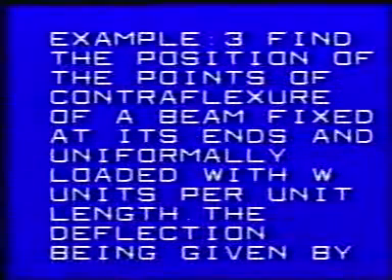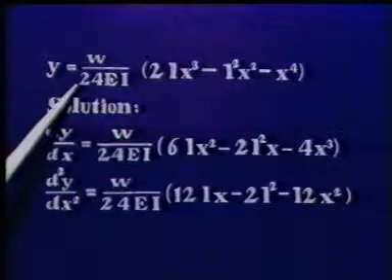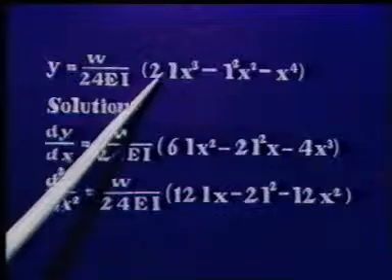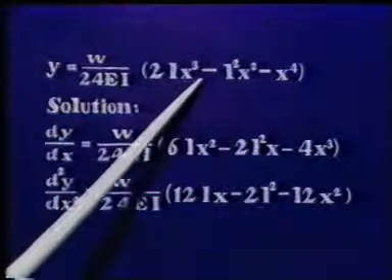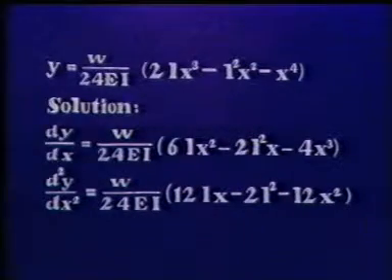Example 3. Find the position of the points of contraflexure of a beam fixed at its ends and uniformly loaded with W units per unit length. The deflection being given by y is equal to W/(24EI) into (2Lx³ - L²x² - x⁴). Solution.